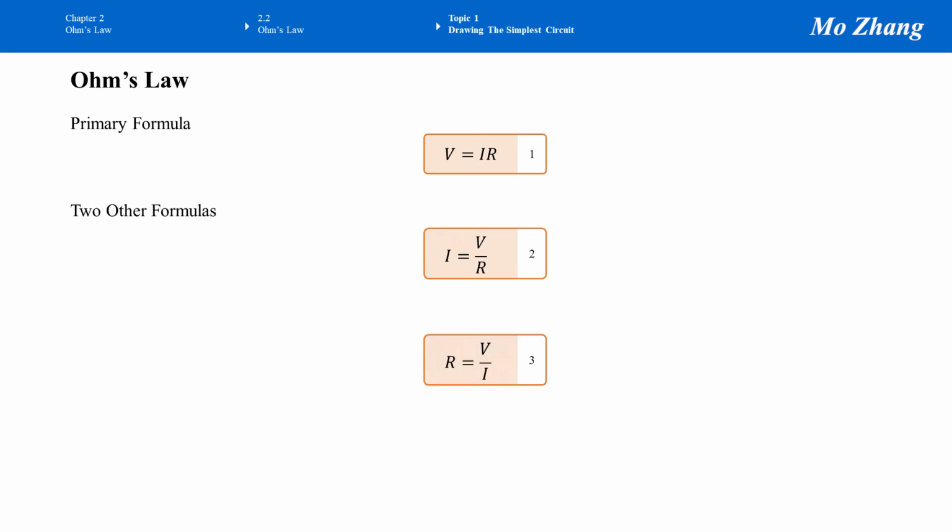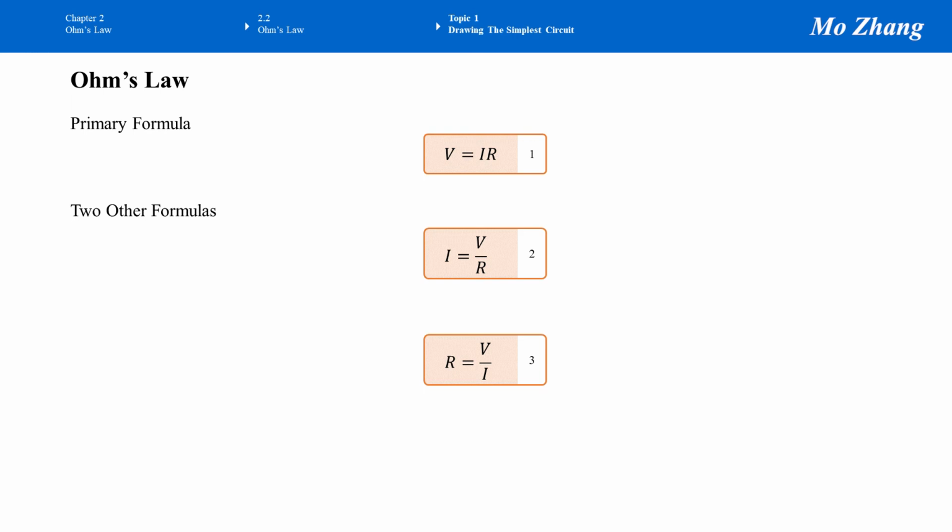For this formula, if we know the voltage V and the current I, we can figure out the resistance R. So these are the three Ohm's law formulas. In my opinion, I just remember the first one, the primary formula.